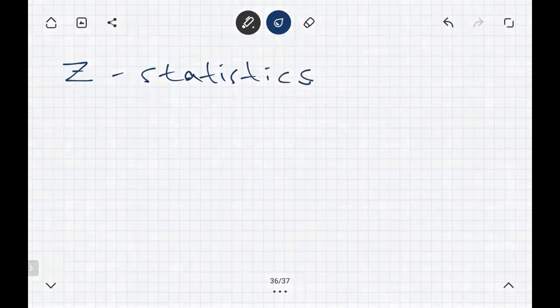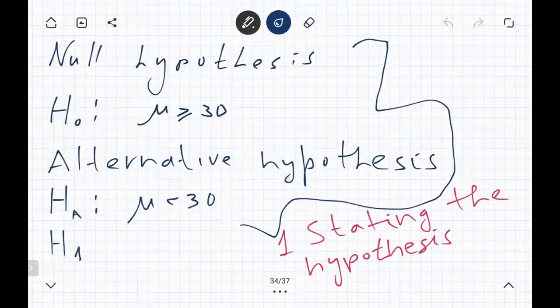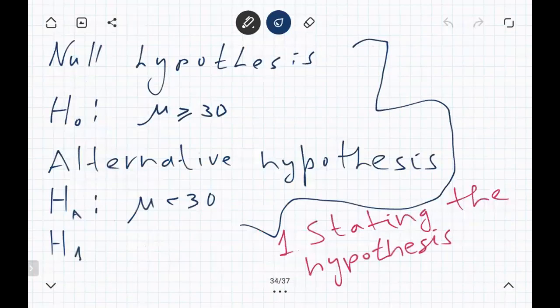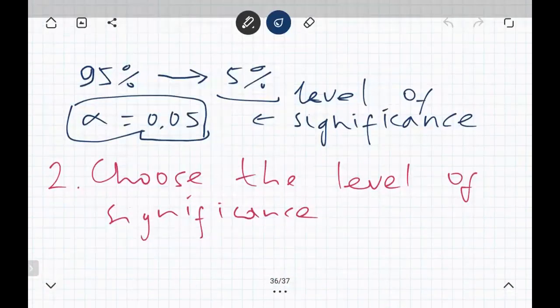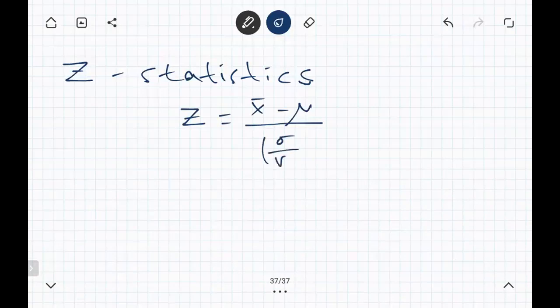because we know something about the population. We know the population standard deviation, and that calls for using the Z value. We are testing a mean value of the population, and our Z is connected with both our sample mean and the true population mean and standard deviation.